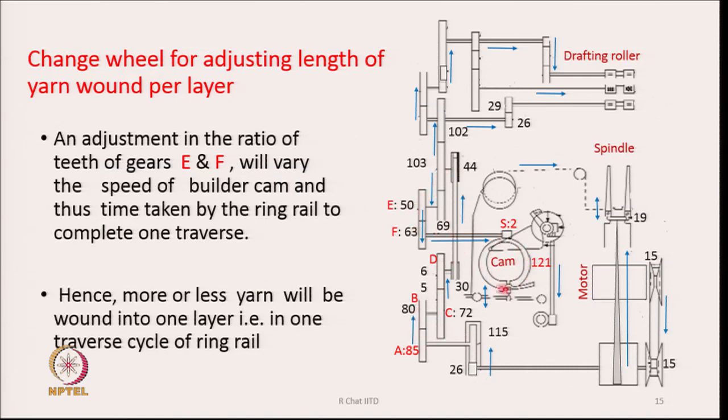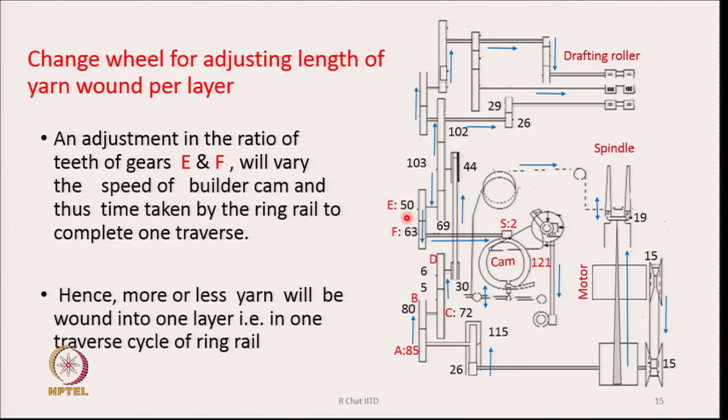So, if I can reduce or increase the speed of the builder cam, that will change the actual up and downward journey; whatever time it needs, that journey is controlled by the speed of the cam. So, the set of gears which can change the speed of the cam will be responsible for changing the length that is going to be wound, and in this particular case the EF gear combination can do this job.